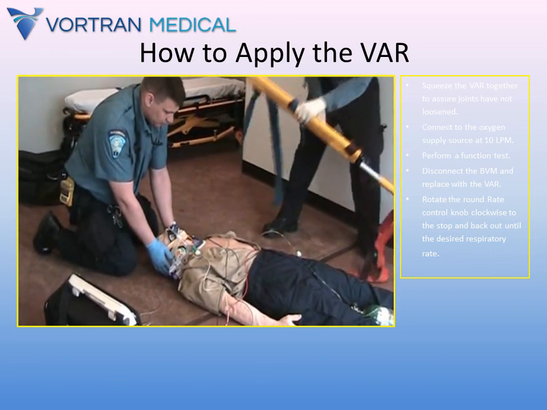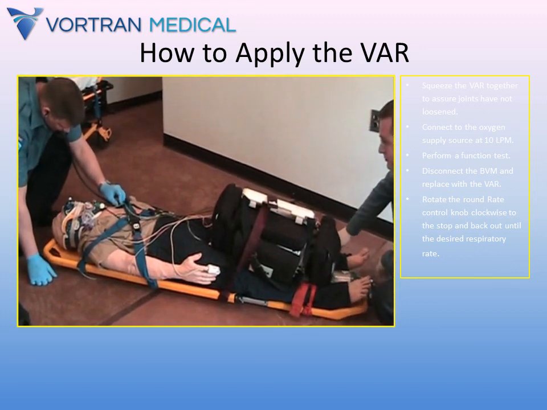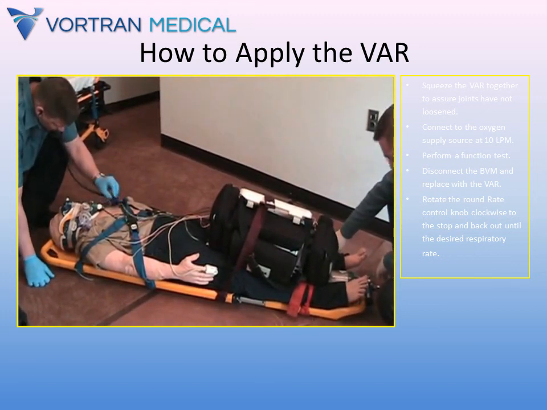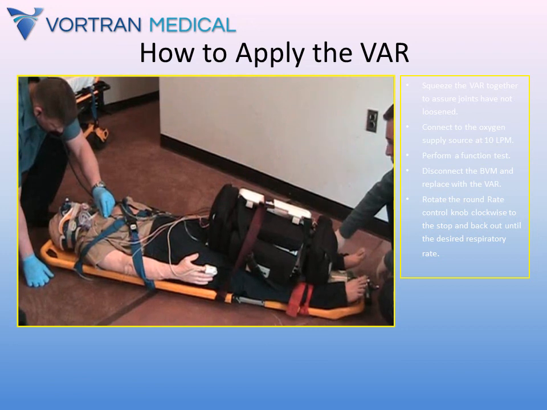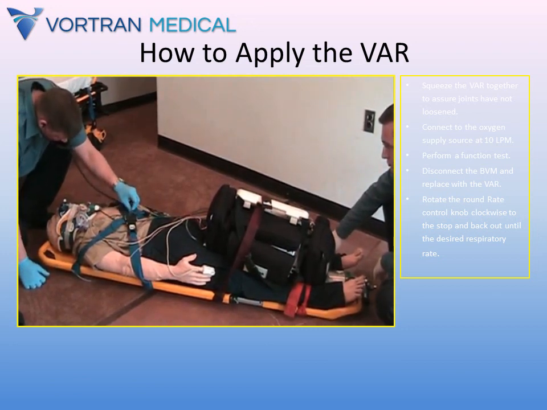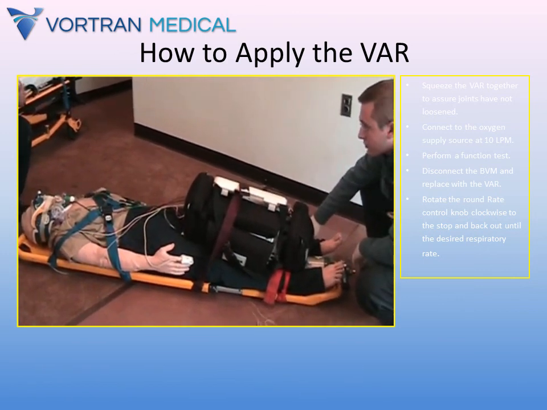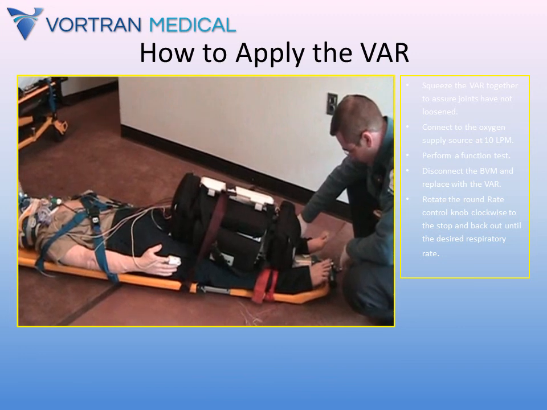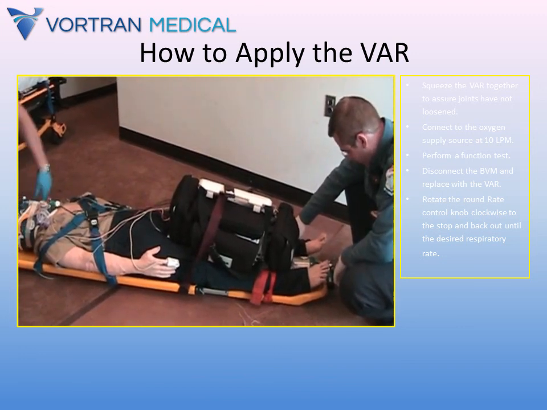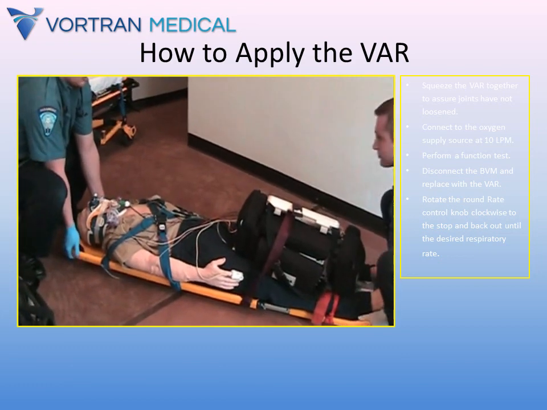Okay, we'll measure this out for size. Okay. You good? Bilateral breath sounds, no epigastric sounds. How's our liter flow? Okay, our liter flow is at 10 a minute, and we're at 1,000 psi, so we're good. All right. Ready? 1, 2, 3.